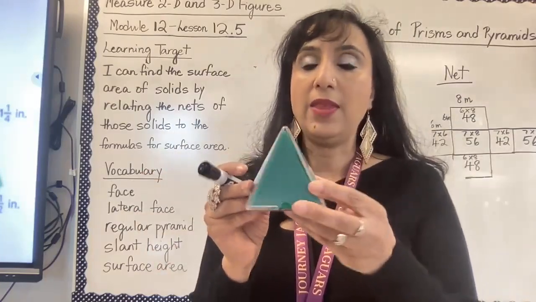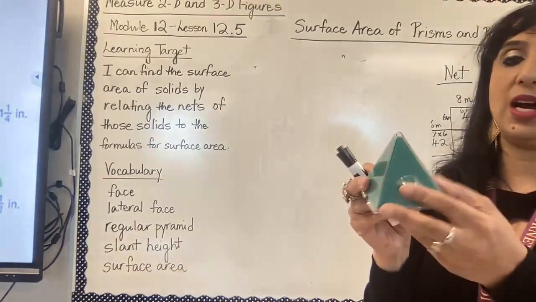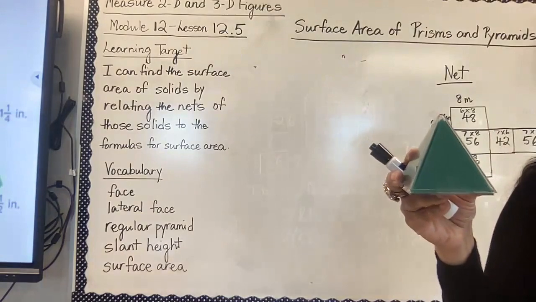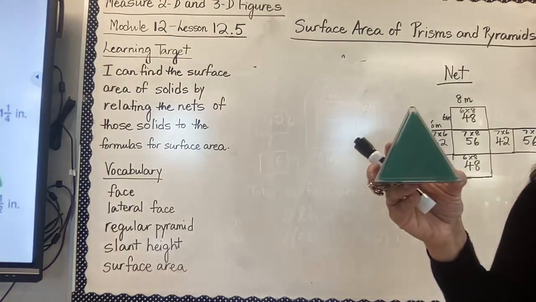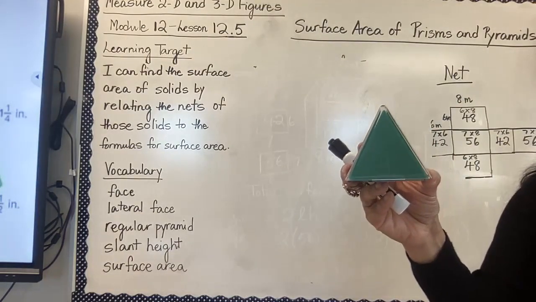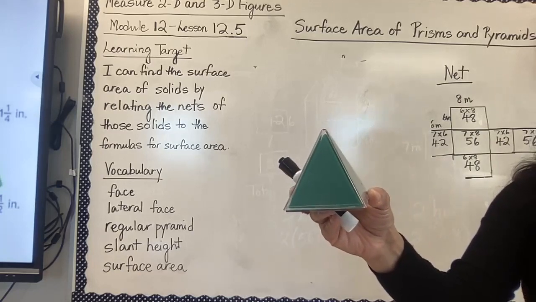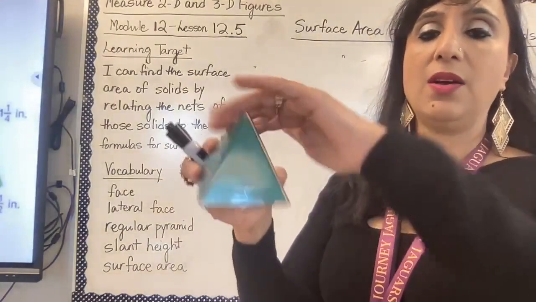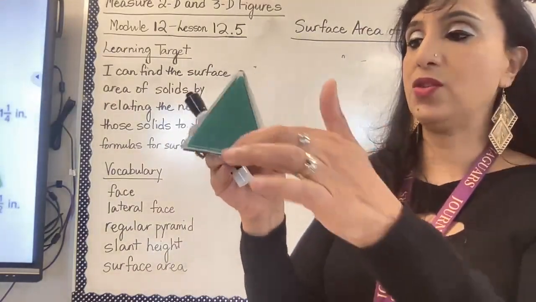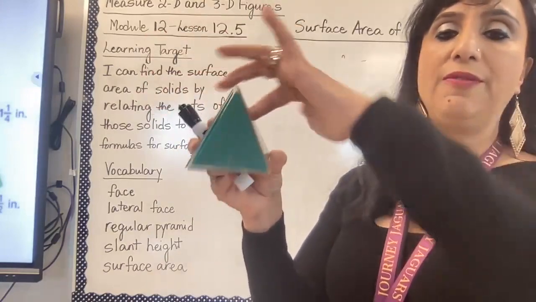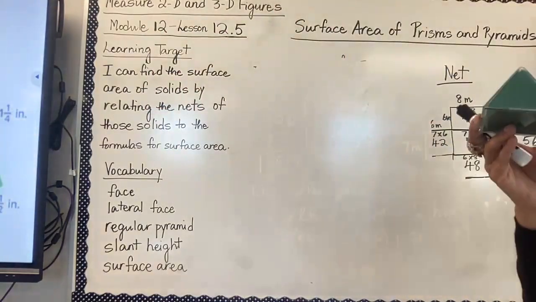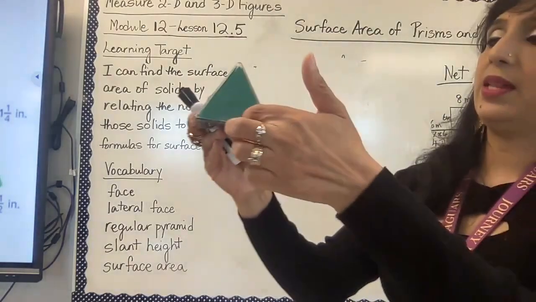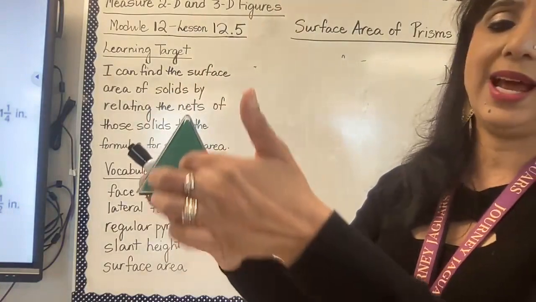Then we have all these faces going towards the apex, the vertex at the top. The lateral faces are these, which are not the base. And this is definitely the base, and the height of each lateral face is called the slant height.